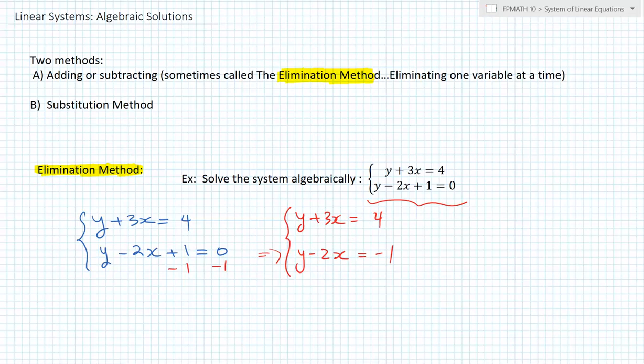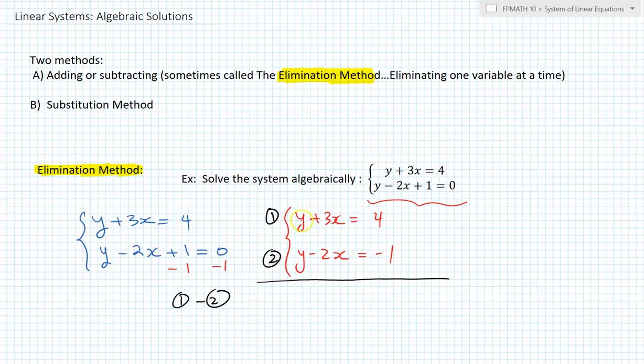Okay, so let's call the first equation number 1, equation number 2, and in this case, adding or subtracting, this is what we're going to do. We're going to subtract the second equation from the first equation, and we're going to do that by simplifying like terms. So equation 1 minus equation 2.